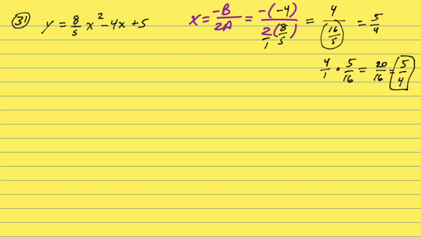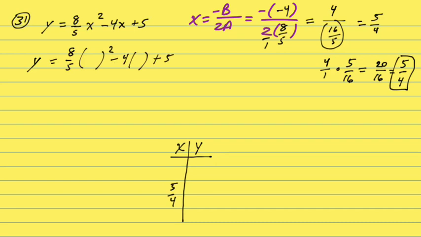So when I make my XY table, the vertex is going to be at 5/4. Now when I put 5/4 in, that will give me the y value. Okay, I'm going to put in 5/4 and 5/4. To square a fraction means you square the top.